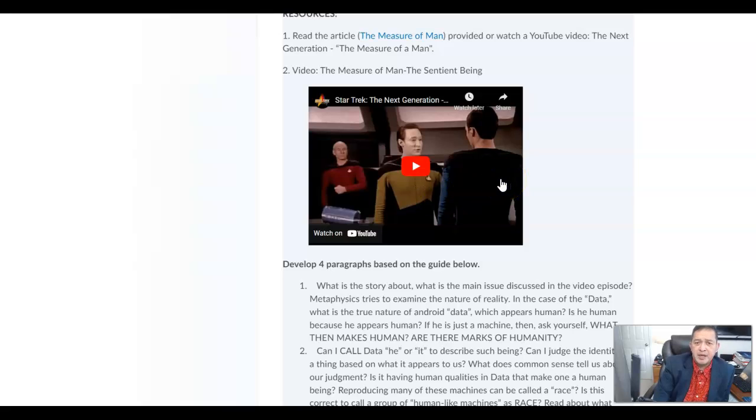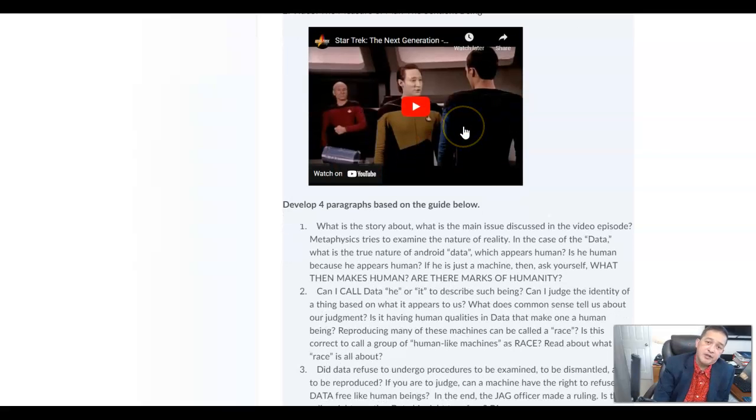There was a hearing conducted here by the Judge Advocate General, the JAG officer. So there in the video, there is a woman, the JAG officer, who was listening to two sides of the argument. After Picard, there was Maddox, who was interrogated, etc. And then the Judge Advocate General made a judgment.